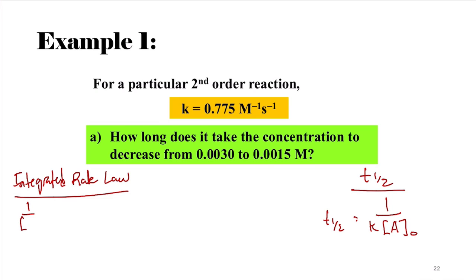The integrated rate law is 1 over the concentration at time t equals kt plus 1 over the initial concentration. So we can use the integrated rate law if we want. It's going to take a little bit longer, or we can just use the half-life, because the half-life tells us the time it takes to reach half the concentration, and by looking at the concentration values, we can see that it's halves, right?